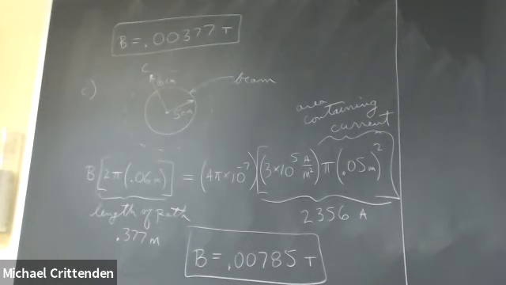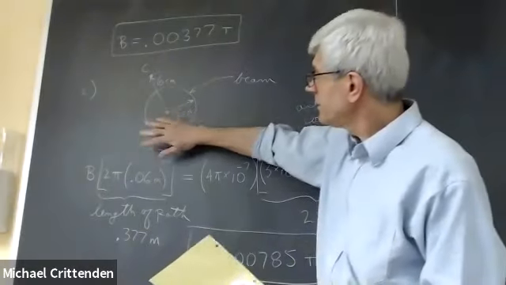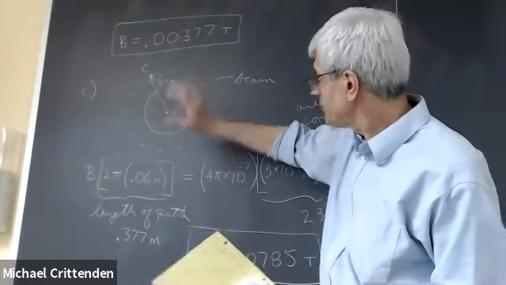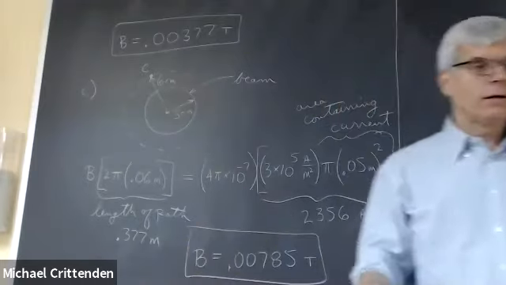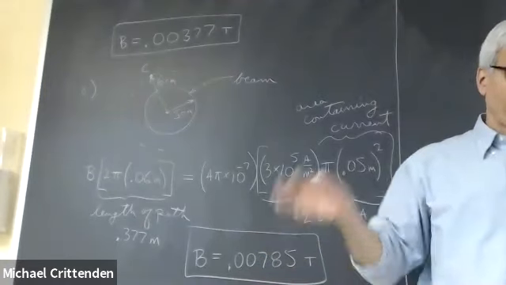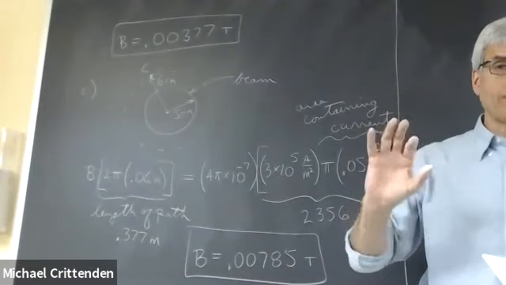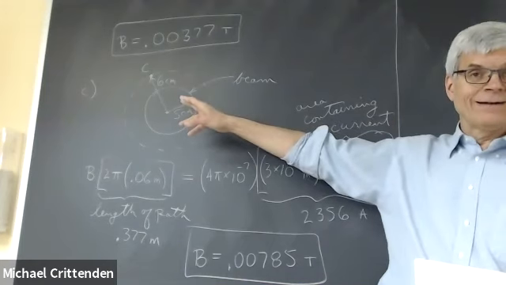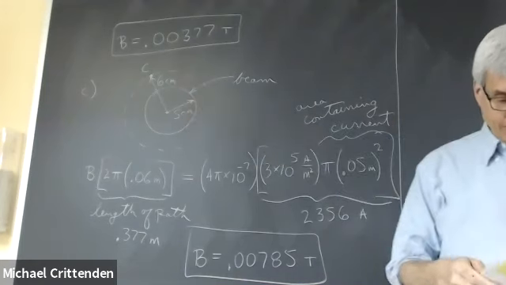It's just that instead of a uniformly distributed current all over this space here, it's flowing through a pipe, presumably a very thin pipe. So all of the current is at the outside edge, and what you've got inside of it's just a lot of nothingness.